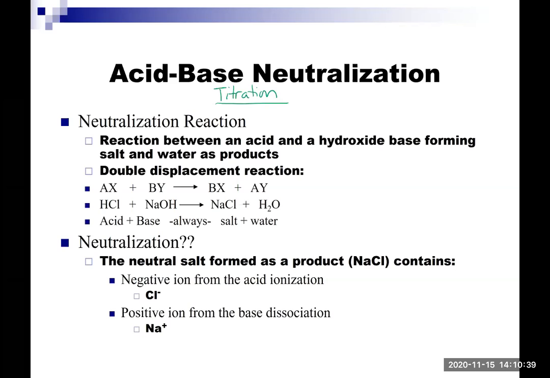But what I want you to notice is that this particular acid-base reaction is also a double displacement reaction, where the positive cation A and the positive cation B are going to switch partners. So you see that A is with X in a compound in the reactants, but A is with Y in a compound in the products. B is with Y in a compound in the reactants, but B is with X in a compound in the products.